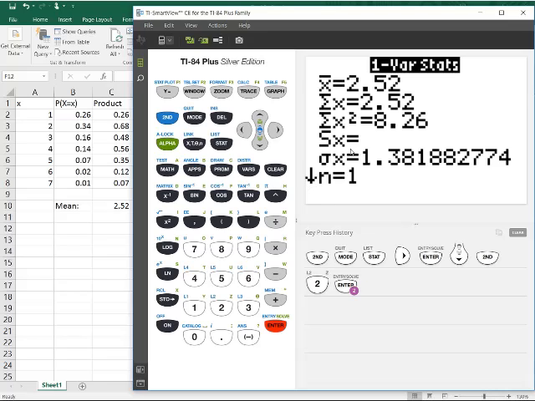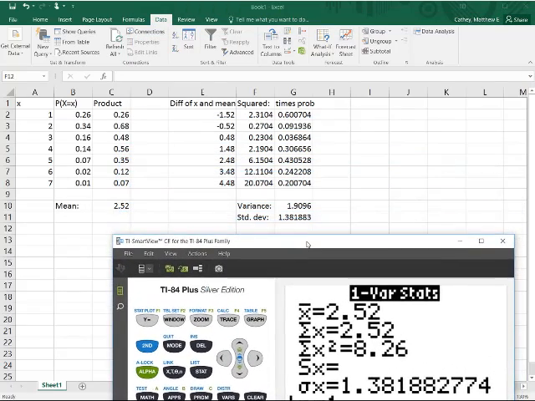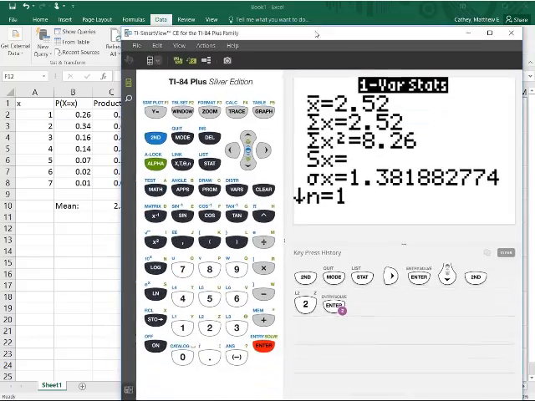That's why also there's no sample standard deviation. Because remember, in the formula for sample standard deviation, you divide by n minus 1, and that results in dividing by 0. But here with sigma x, that's the one we care about anyway, we see the standard deviation of 1.38, which matches what we got with Excel a few minutes ago.